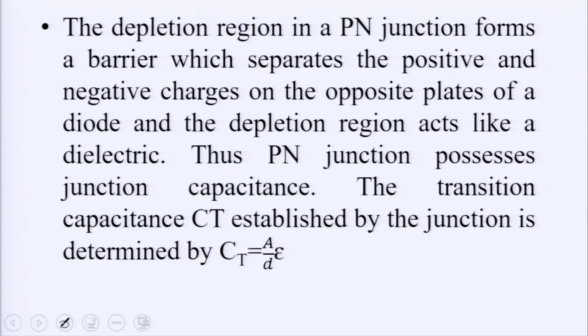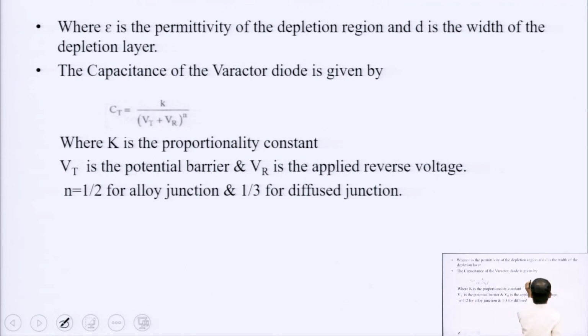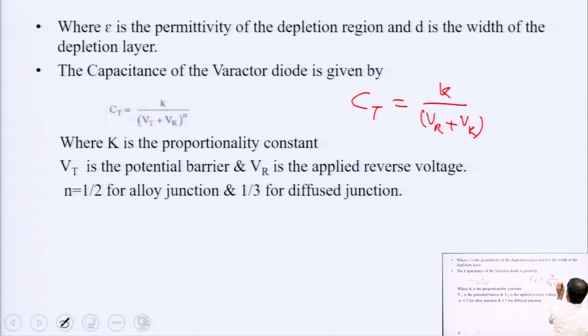Now, we can write this equation as this. Ct is equal to K upon (Vr plus Vk) whole raised to the power n. Taking Vr common, K upon Vr into (1 plus Vk upon Vr) whole raised to the power n.